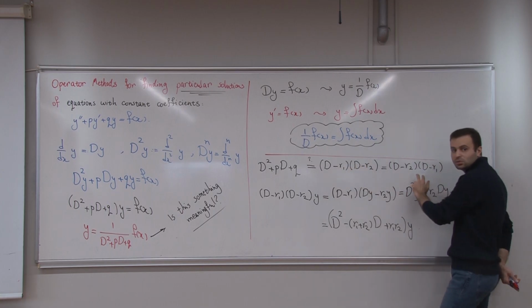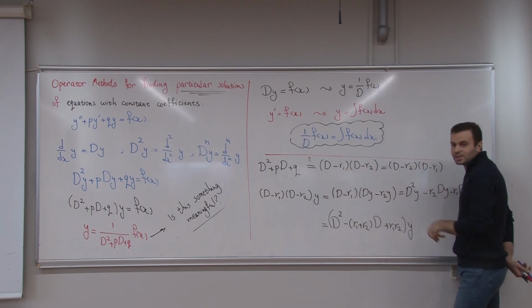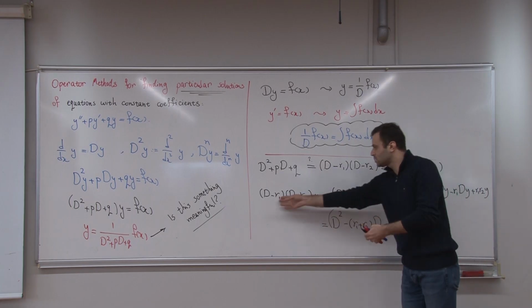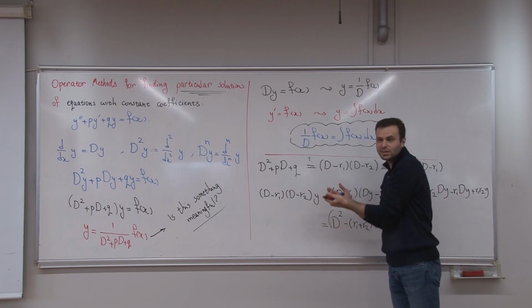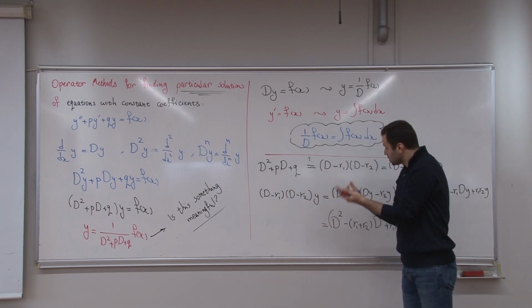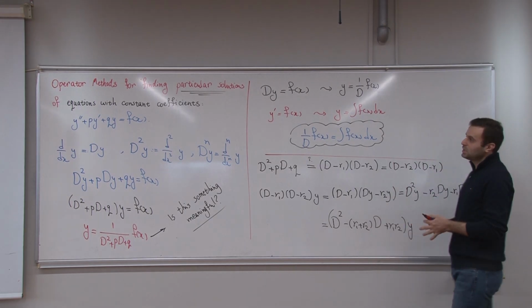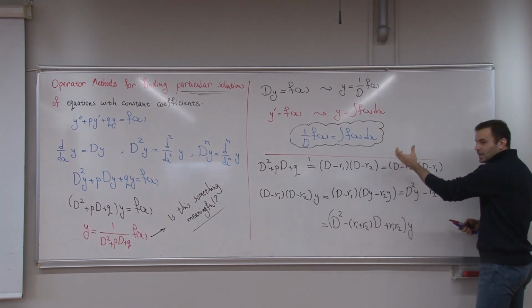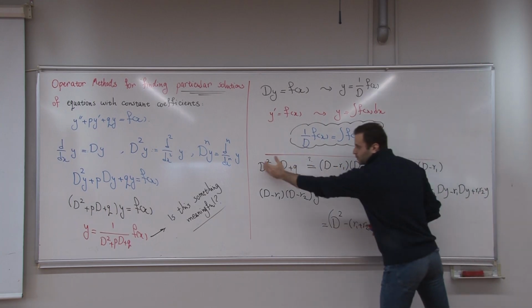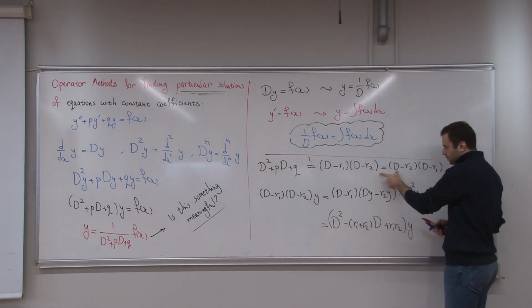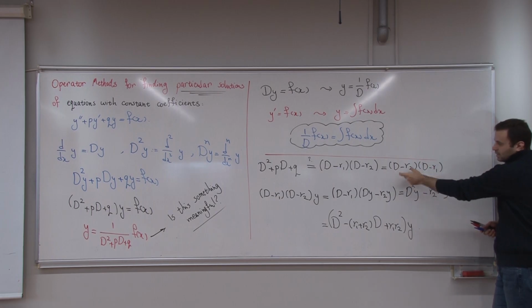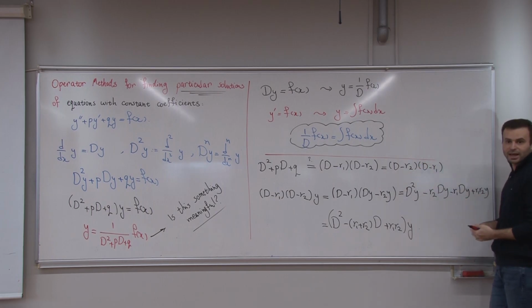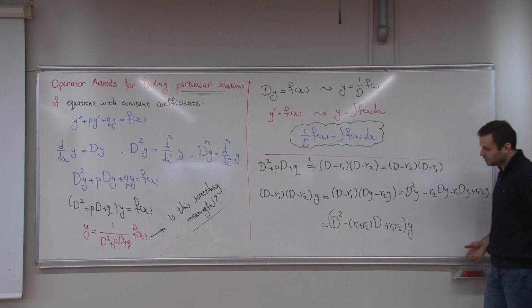And since they do not commute, it is not going to give us an easy way to first do this or first do that. It is going to be a precedence and it is going to be a little bit hard for us. But in the case that our equation is with constant coefficients, if we factor our operator into its first degree components, then we can change the order of taking this derivative operator, so we can have an easier working case.